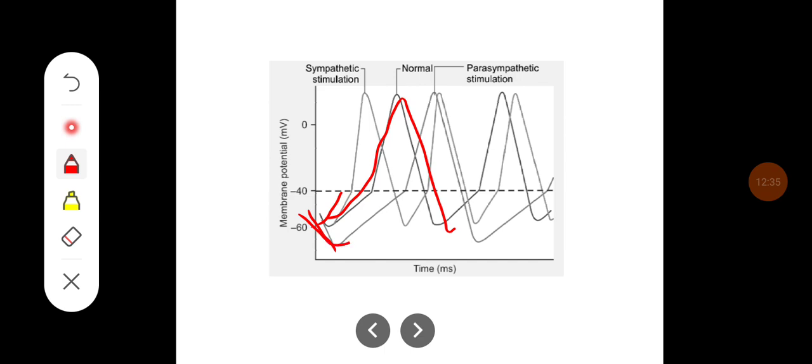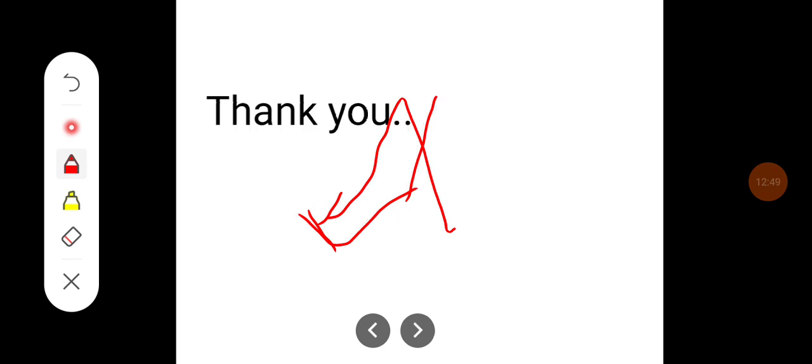So that is why the next impulse is going to be late. So that is why heart rate decreases with parasympathetic stimulation, whereas with sympathetic stimulation, heart rate is going to increase.